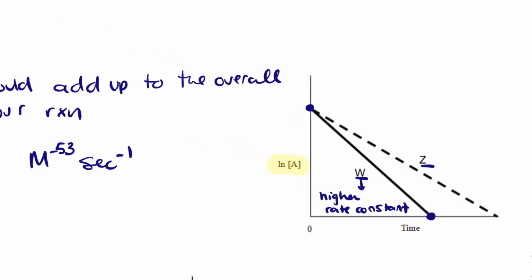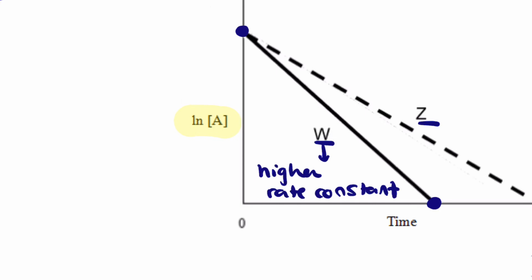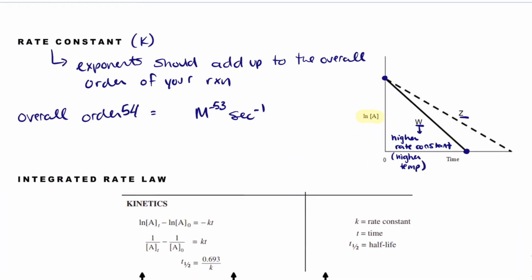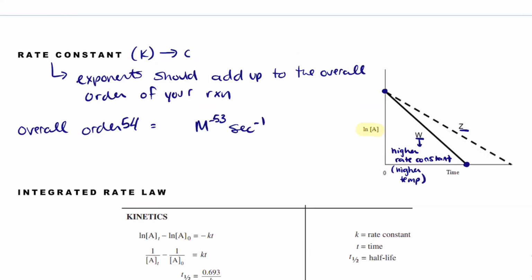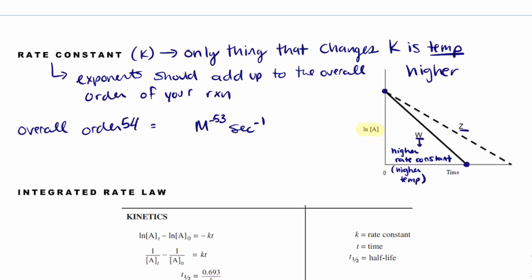Or you could say that it was at a higher temperature because increasing the temperature will generally increase the rate of your reaction. And the only thing that changes the rate constant, and I would know this, is temperature. It's going to be a direct relationship, so higher temp will equal higher K.